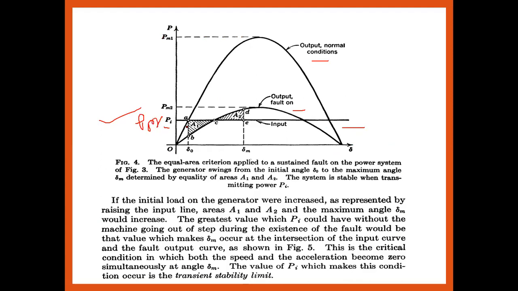Pm1 is the maximum power under the normal condition, and Pm2 is the maximum power we are getting under the faulted condition. A1 and A2 are the areas under the curves ABC and CDE.